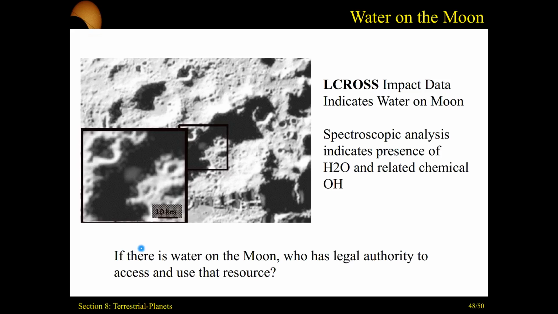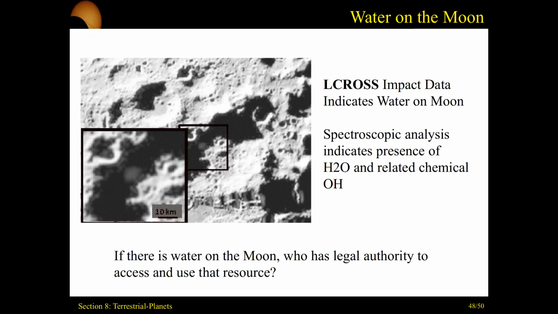An interesting legal question that scholars are trying to figure out right now is, if there's water there, it's going to be where we put our first moon base. We're going to go to the moon and try to put lunar bases there. And the question is, who has the legal authority to access and use that resource?